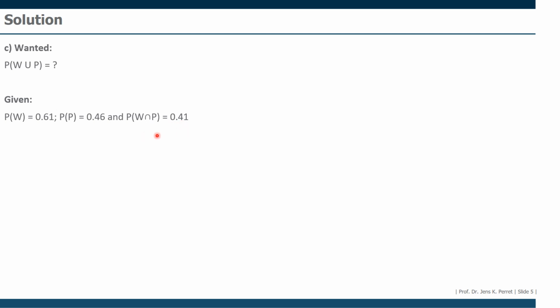That's everything we need for the addition theorem, which in this case simply means adding the two individual probabilities and subtracting the probability that both events occur. If we input these numbers, we get a final result of 66%. So the probability that someone will pass at least one of these two partial tests is 66%.